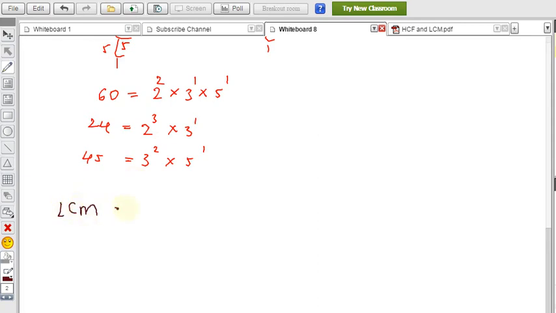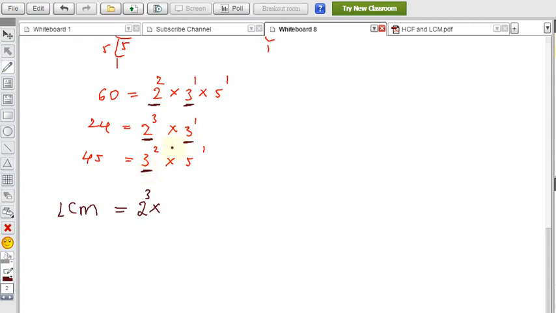LCM is least common multiple, not factors. So for multiples, you take the highest power. Now here 2 power 2 and 2 power 3. There is no other 2 power, but the highest one is 2 power 3. Next 3 power 1, 3 power 1 and 3 power 2.